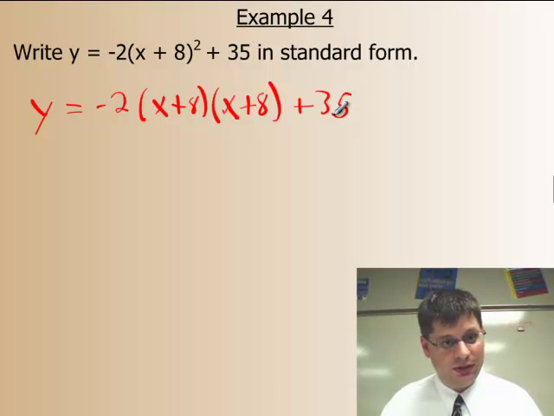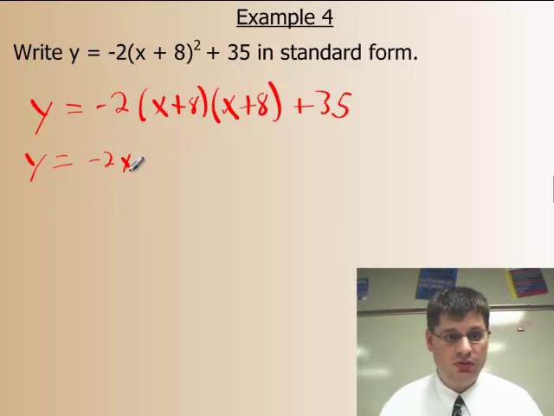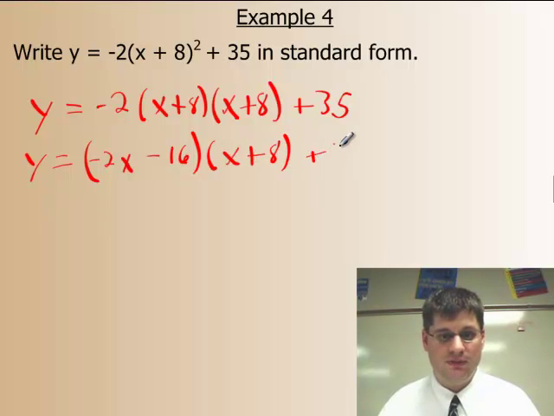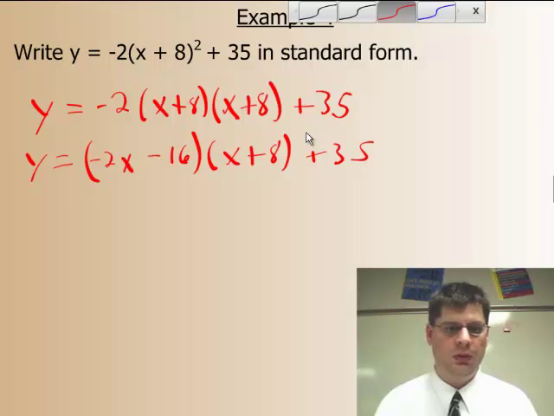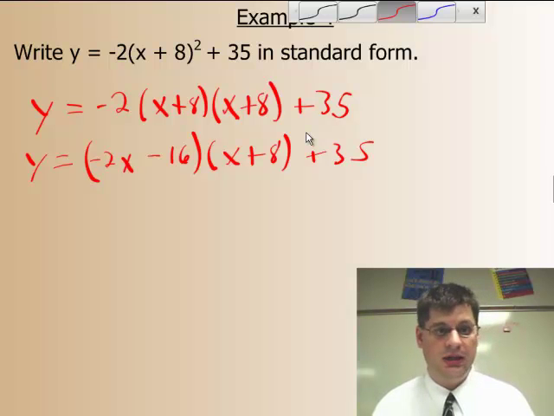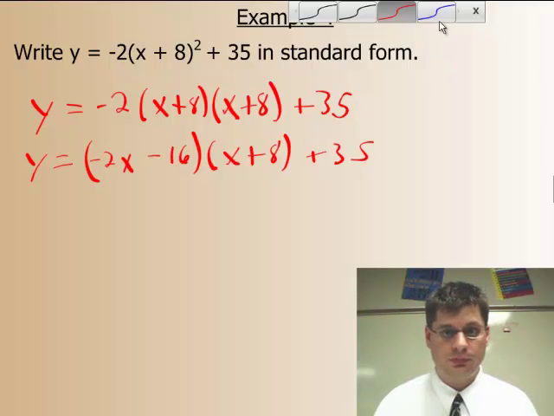So, with that being said, we're going to now just work this out. I'm going to distribute the negative 2, so negative 2x minus 16 times x plus 8 and then plus 35. Now we will multiply the binomials together.